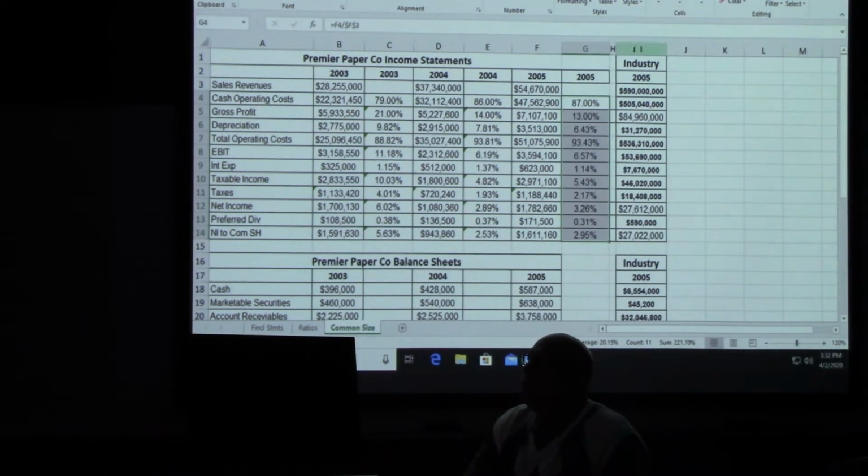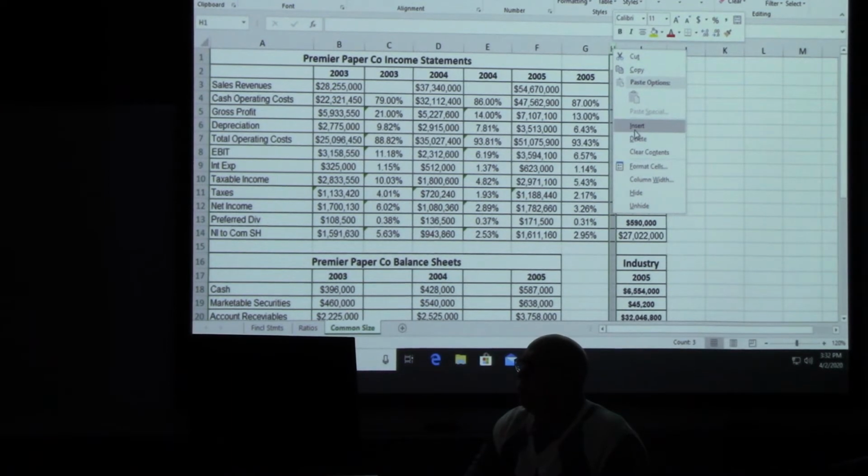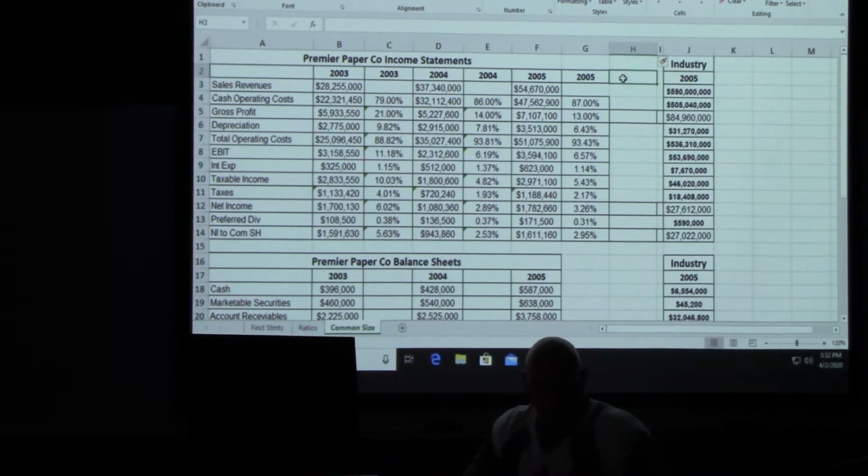So let's put another column in here, and let's call it 2006 E estimate. All right, let's do a CAGR of sales.